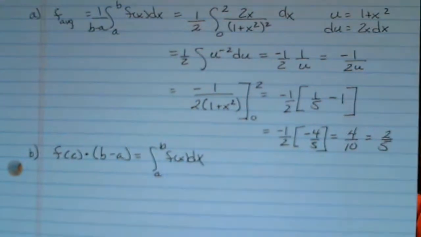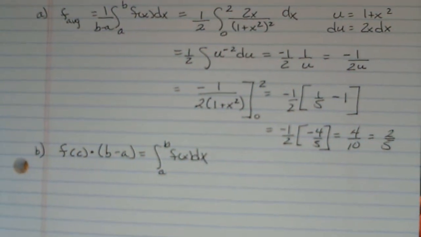And what we know about the mean value theorem for integrals is we know this is true. We know f of c times the quantity b minus a is equal to the integral from a to b of f of x dx. That right there is the form of the mean value theorem that's in our book.